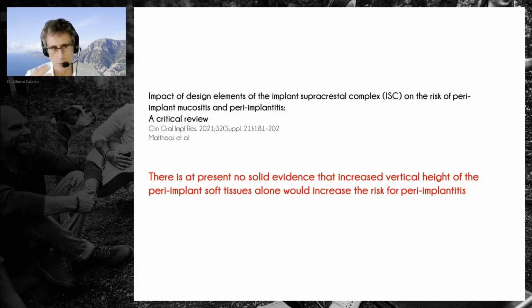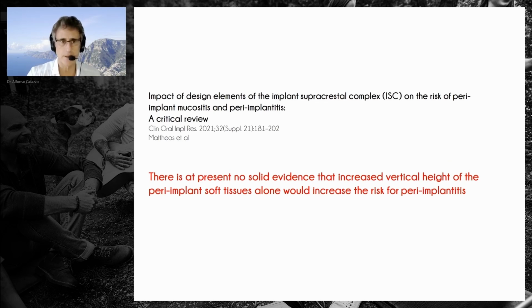The critique that always arises when I talk about this topic is that if you have very high soft tissue from the implant to the crown, is there a risk of developing an inflammation and then an infection, a mucositis, and then a peri-implantitis?